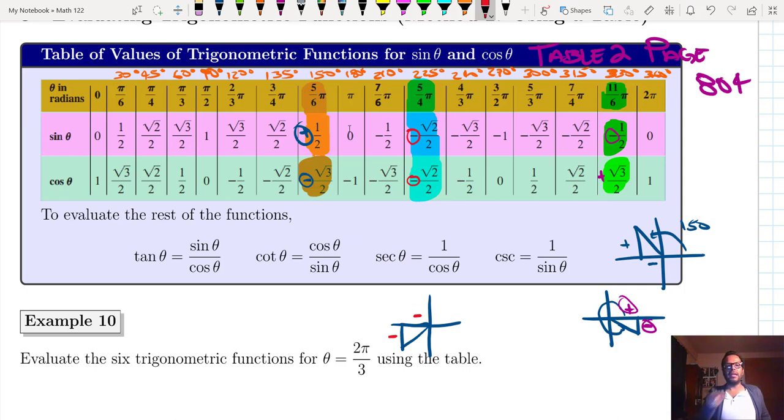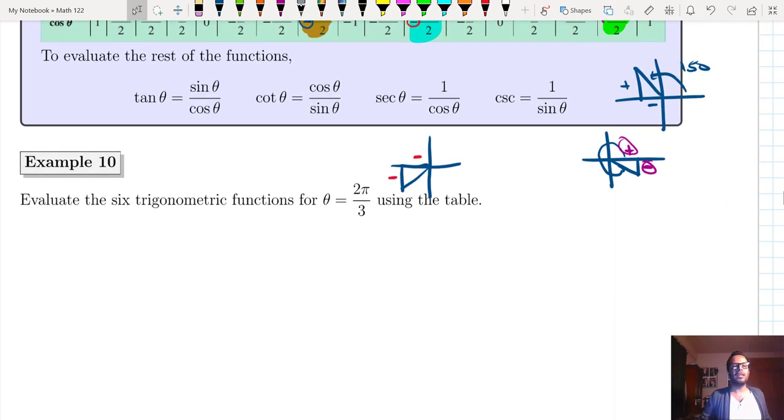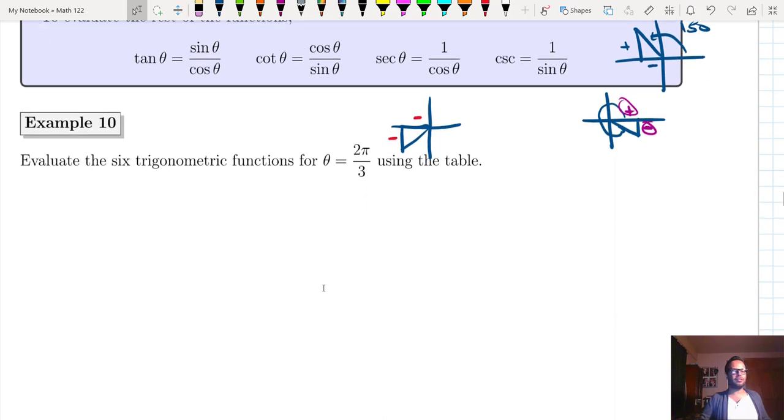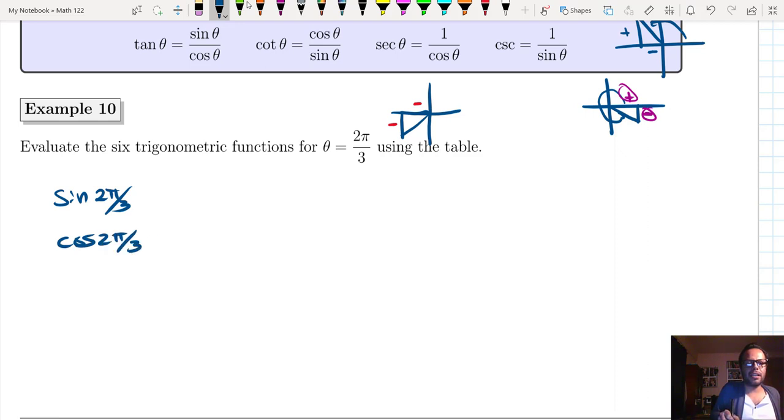All right. We are going to use this table to evaluate all 6 trigonometric functions, just the same way we did. As an example, let's evaluate the 6 trigonometric functions for the angle theta equals 2 pi over 3. As a freebie, sine and cosine are given.